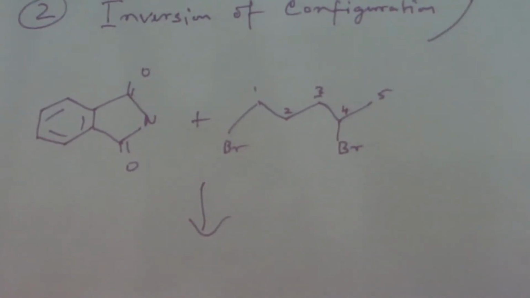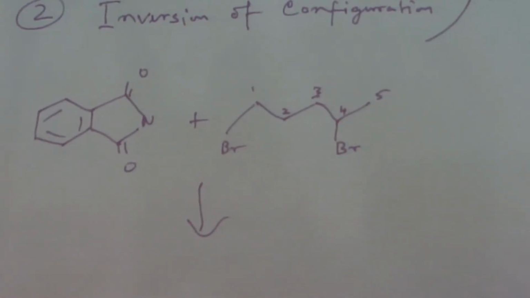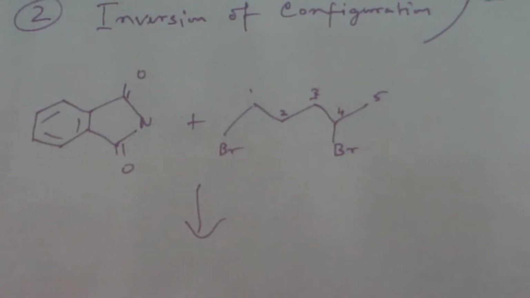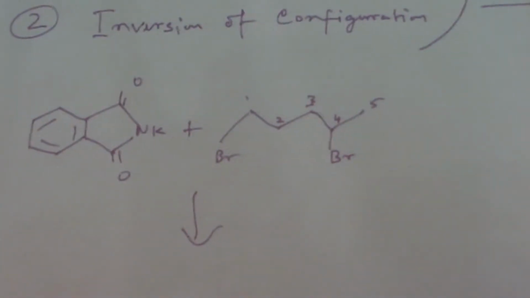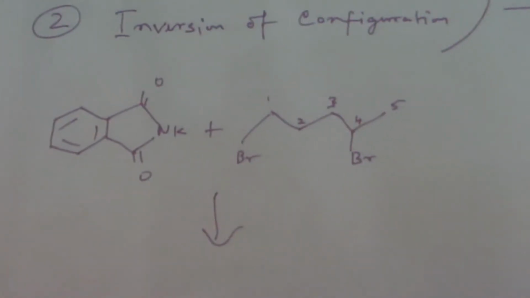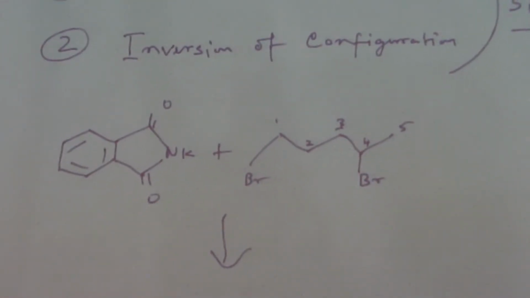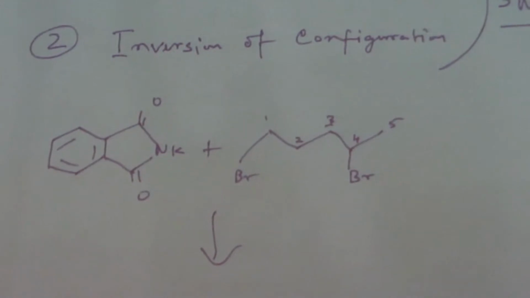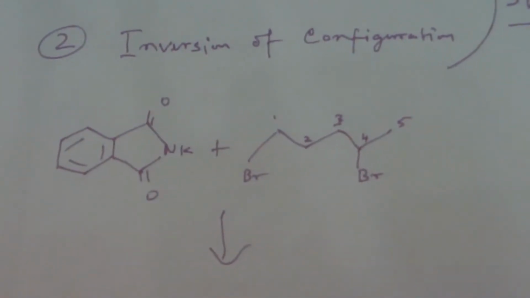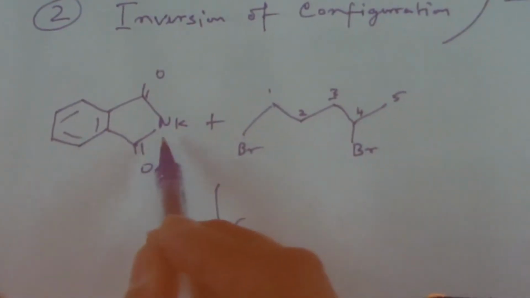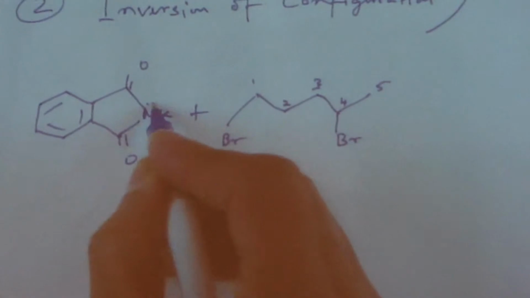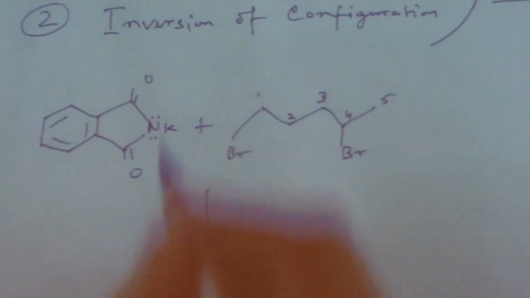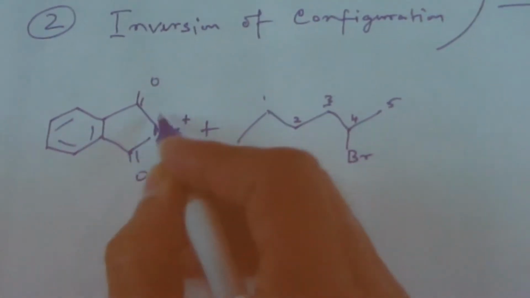Now, when you look at this reaction, again you have to see what is what. So one would be the nucleophile and one would be the substrate. In this particular case, the nucleophile is the first molecule, and the most nucleophilic site is N minus because it's a potassium salt, so it really remains as this.